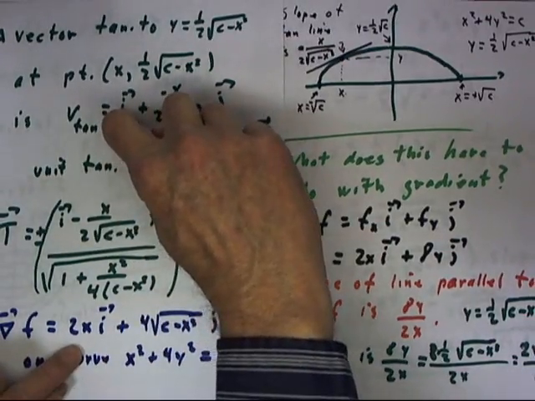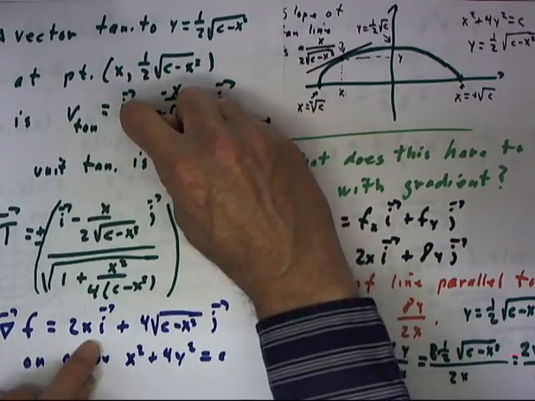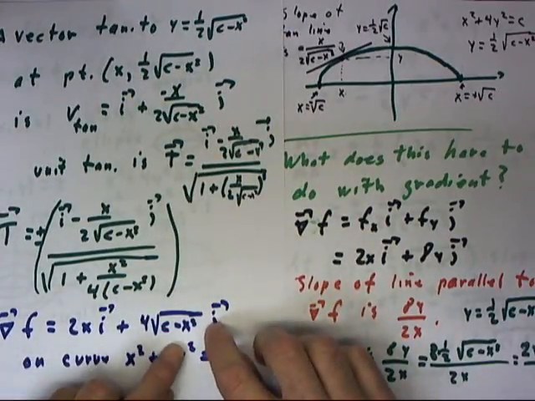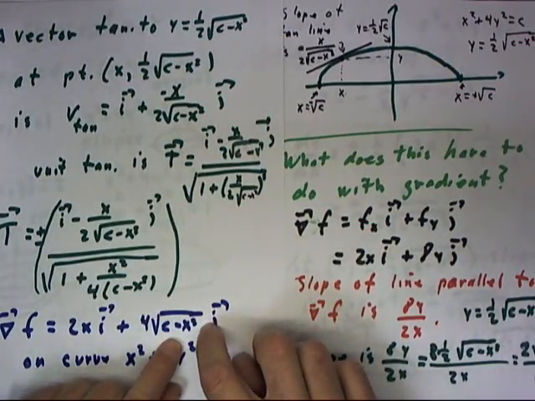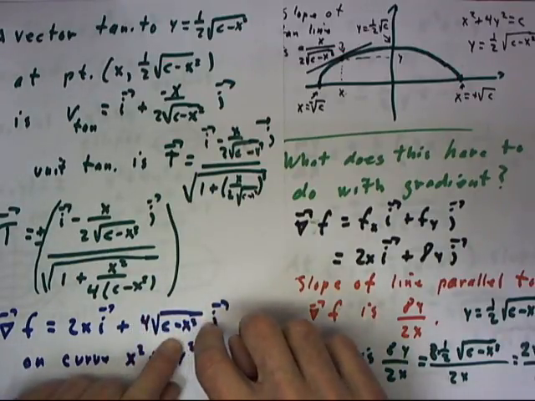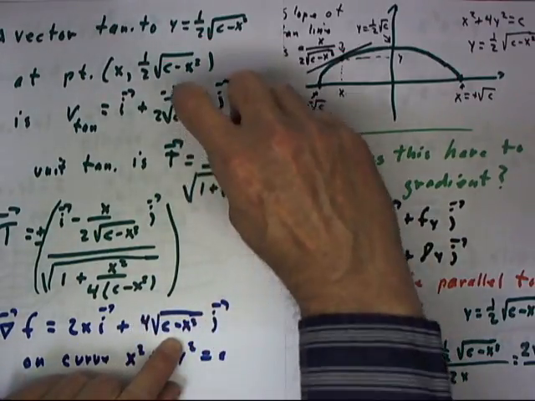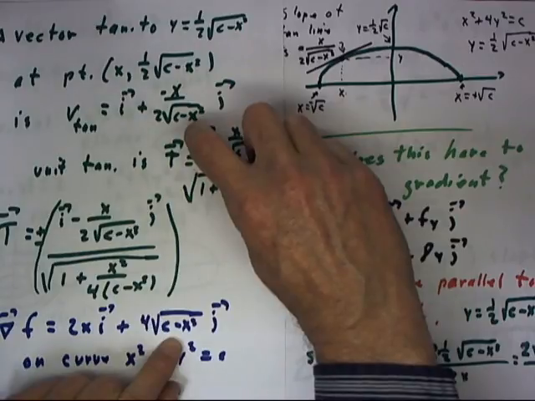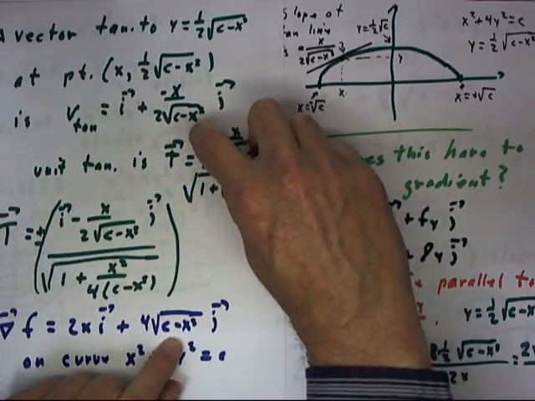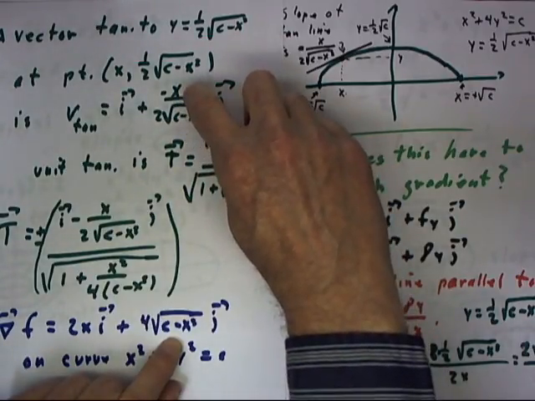2x multiplied by the 1, in other words, i component times i component gives you 2x. 4 square root of c minus x squared, j component, multiplied by negative x over 2 square root of c minus x squared gives you negative 2x.